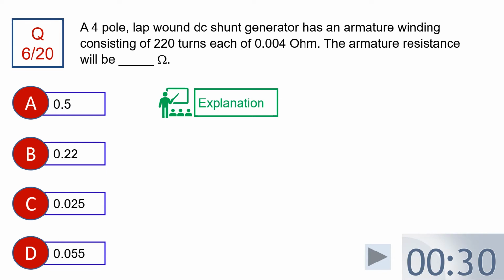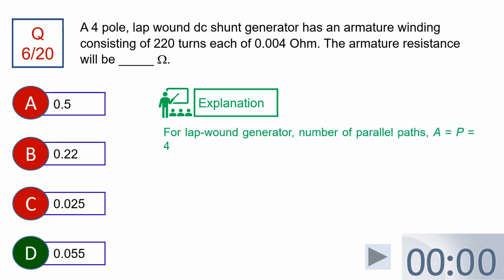Question 6. Correct answer is option D. So here the generator is lap wound and the number of poles is equal to 4.